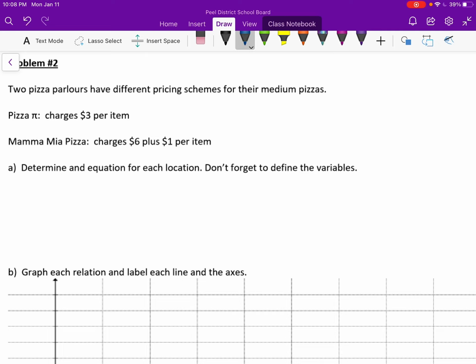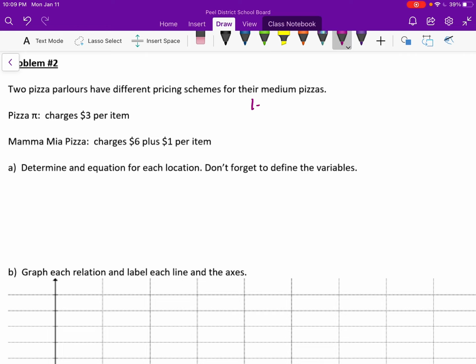So it says that two pizza parlors have very different pricing schemes for their medium pizza, right? So at Pizza Pie, they charge $3 per item, and then at Mamma Mia Pizza, they charge $6 plus $1 per item, right? So our thing that changes here is the number of toppings that you have, so that could be item, right?